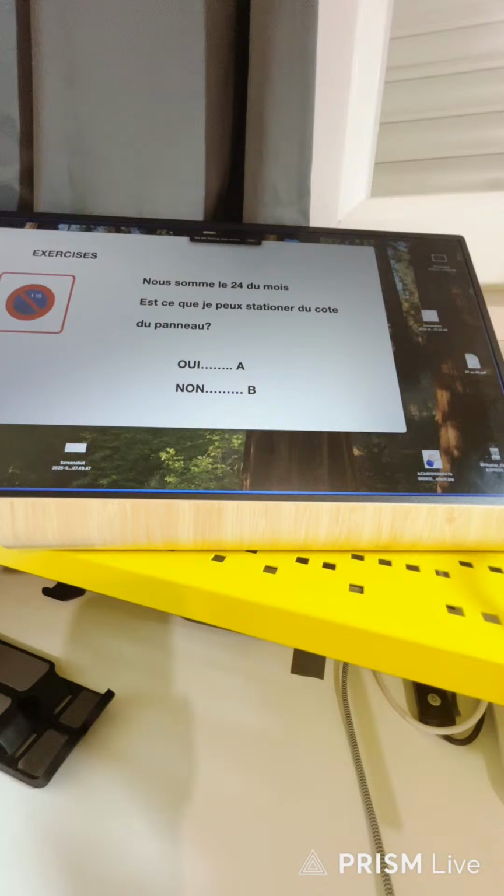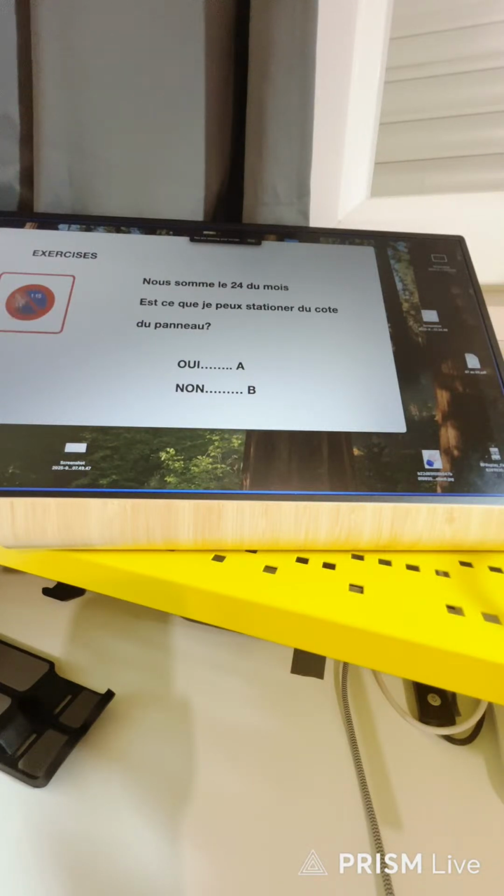Is it clear now? Yeah, I misread it. Okay, I understand that. Exactly. So you can stop. From the 16th to the last day of the month, you can stop. So the easiest way for you to always remember is, when there is a panel, check the date that is not on this panel.